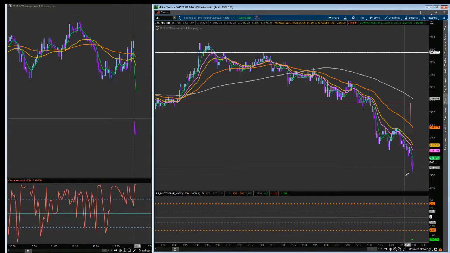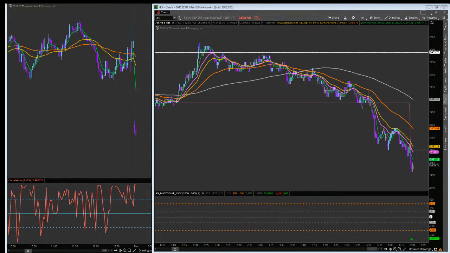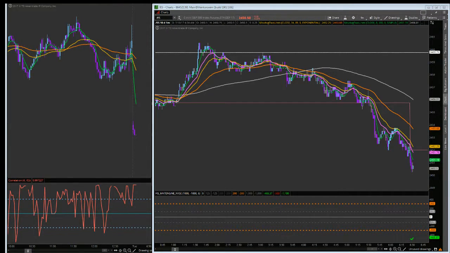Okay, now as crude continues to drop, we've got the NASDAQ effectiveness chart, which I'm not showing over here. It also is bearish, not super bearish. Meanwhile, the Russell market effectiveness chart is actually starting to rise.